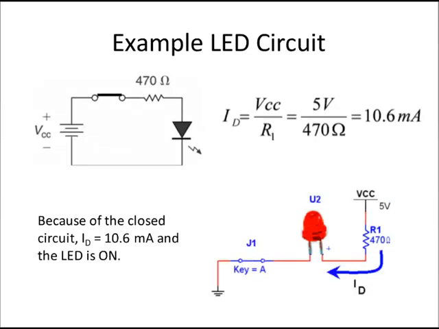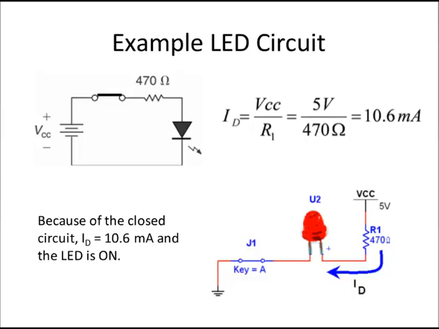Now let's get back to our discussion about current. I've closed the switch, and now I have current flowing from VCC through the switch, through the 470 ohm, and through the LED, and that's on the left-hand circuit. The same sort of thing on the right-hand circuit. We're going from VCC through R1, through the virtual LED U2, and through the switch.